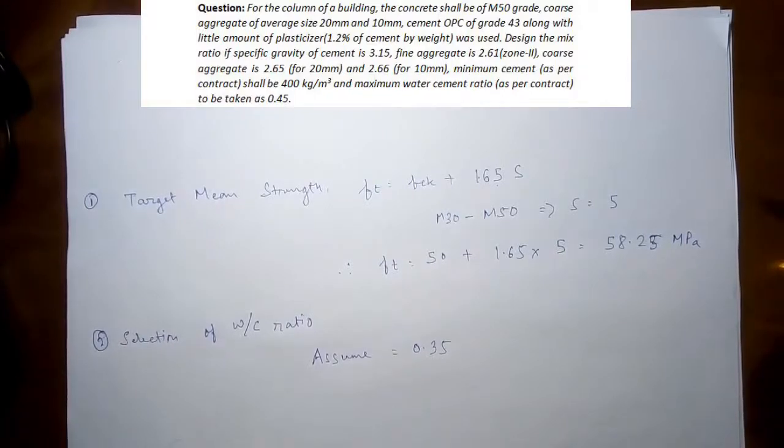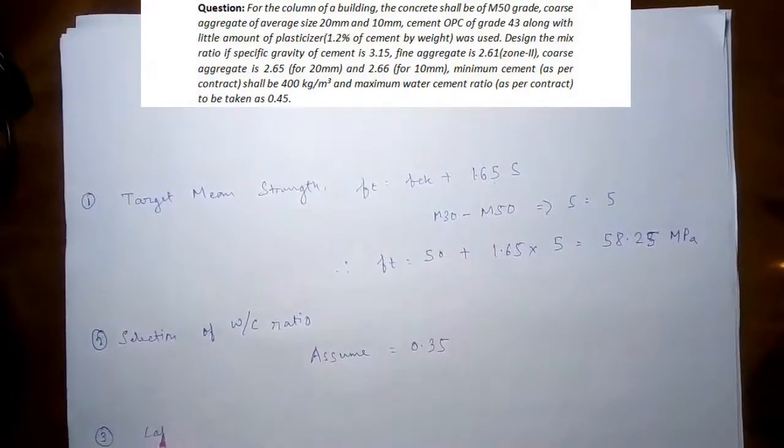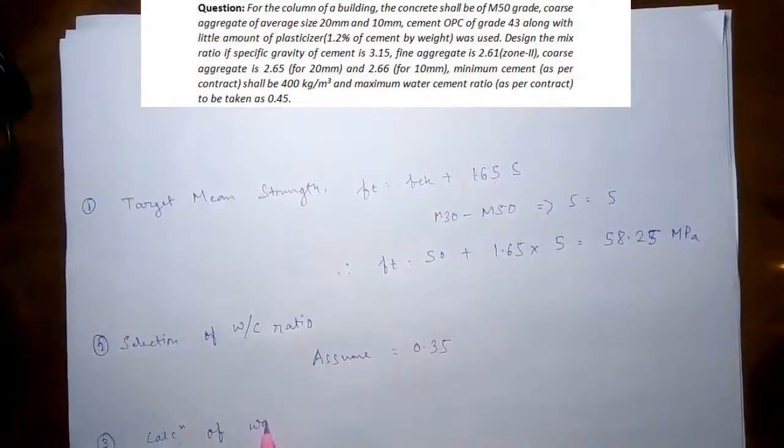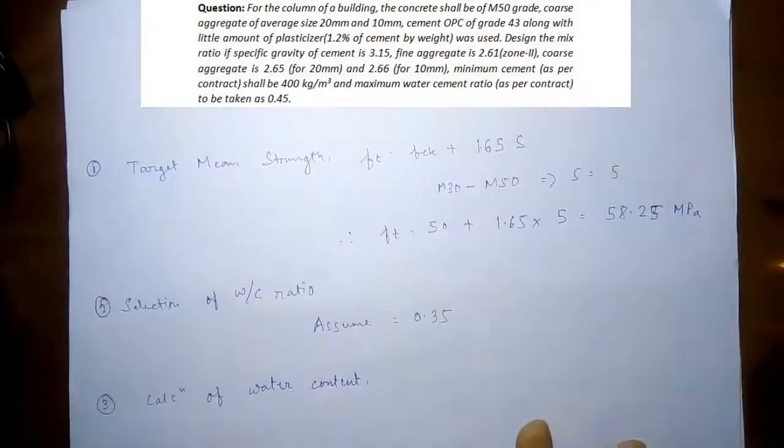Now, calculation of water content. Third step is calculation of water content, and for approximately 20 mm max size of aggregate it is 180 kg per meter cube as per table number 5 of IS 10262.